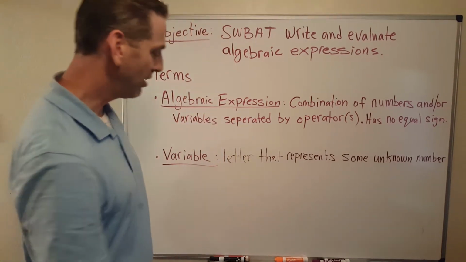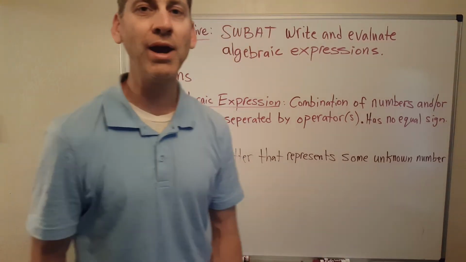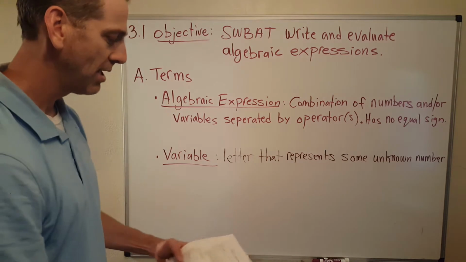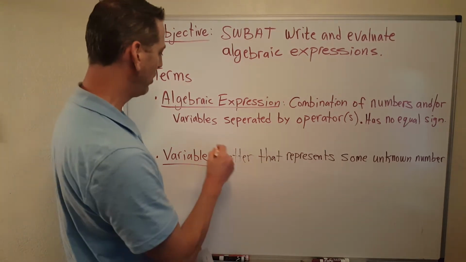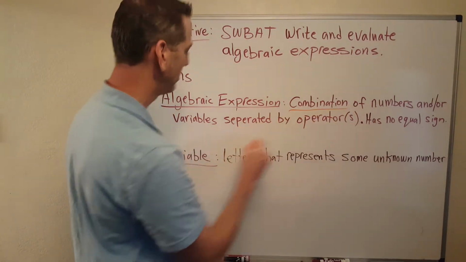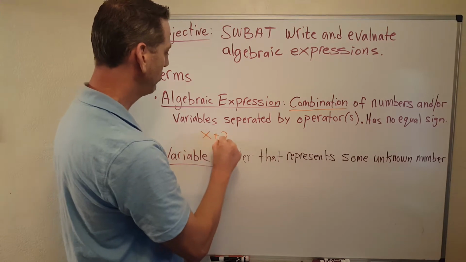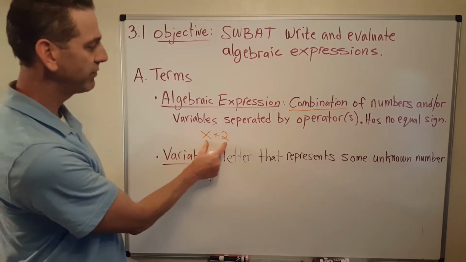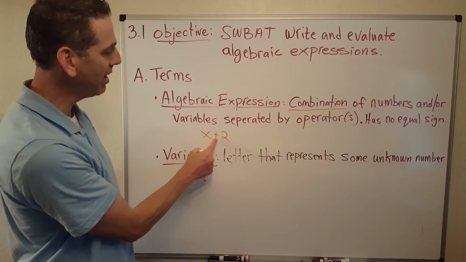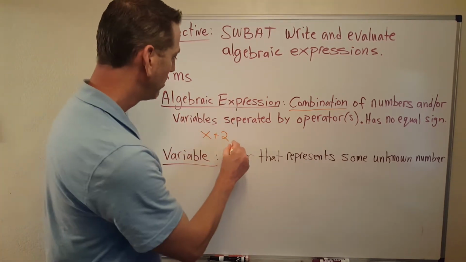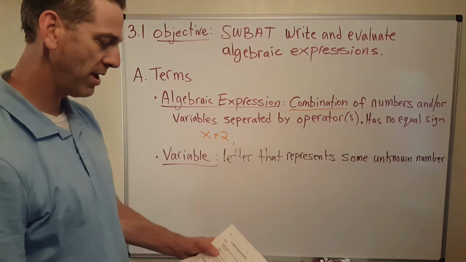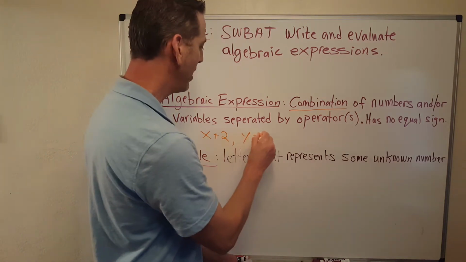All right? So let me give you some examples of what I mean by an algebraic expression. I could have something as simple as, remember, it's a combination, x plus 2. A combination of variables and/or numbers separated by an operator. How about y minus 5?